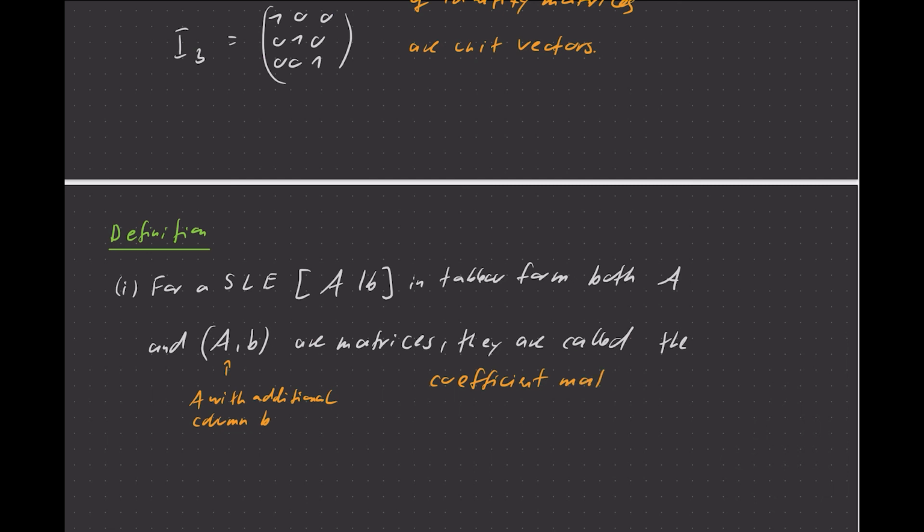And A with the additional column b is called the extended coefficient matrix of the system of linear equations.